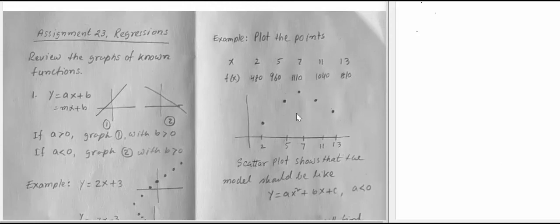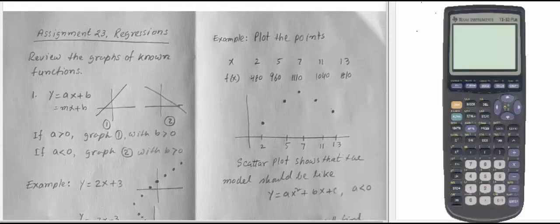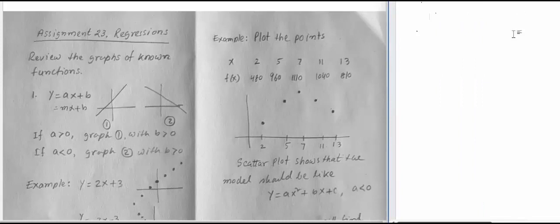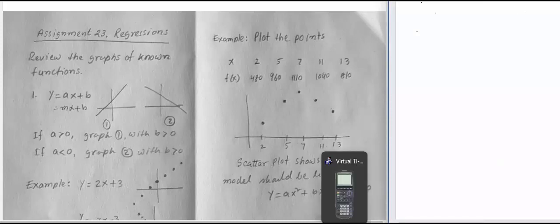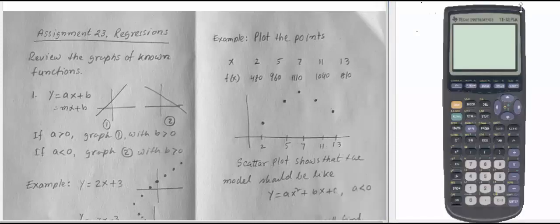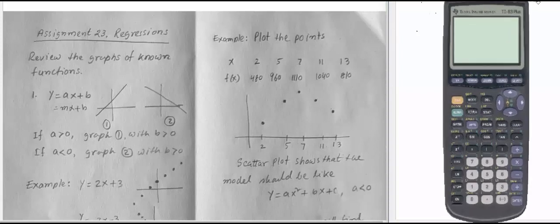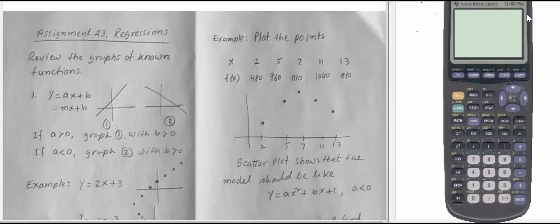All right, so now we are going to check some of the plots in here, and I want to show you how you can do it in the calculator. In the calculator, let me make it a little bigger so we can see it better. First we go to stat. Switch on, go to calculator, clear your screen.